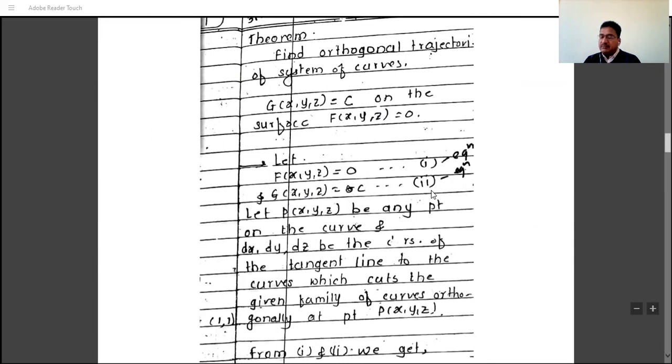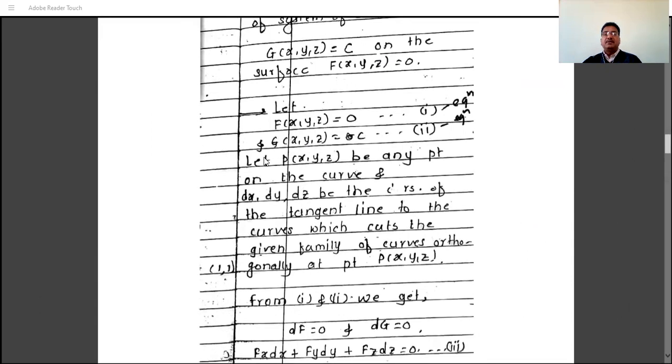Equation 1 represents the equation of the surface and equation 2 represents the family of curves. Let P(x,y,z) be any point on the curve, and then dx, dy, dz be the direction ratios of the tangent line to the curves which cuts the given family of curves orthogonally at point P(x,y,z).